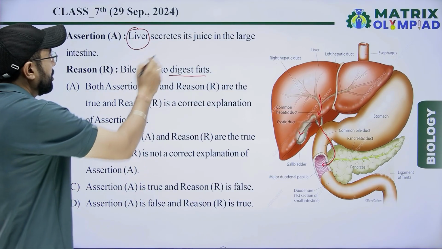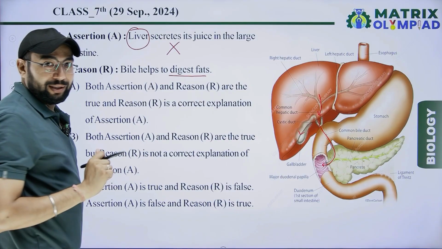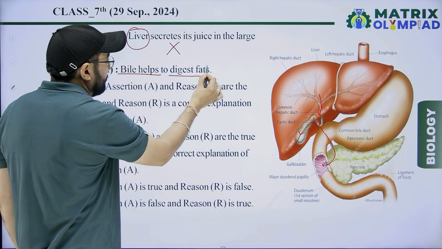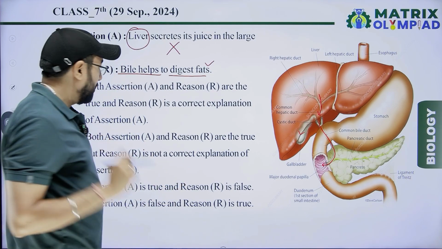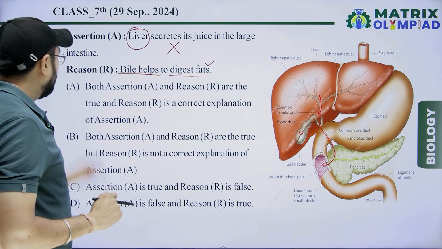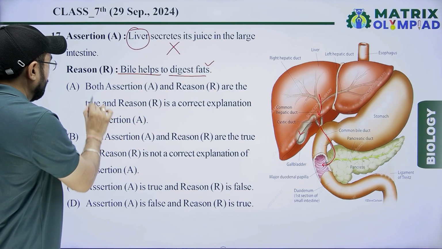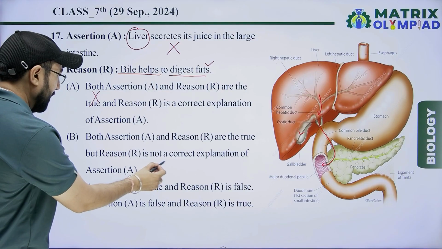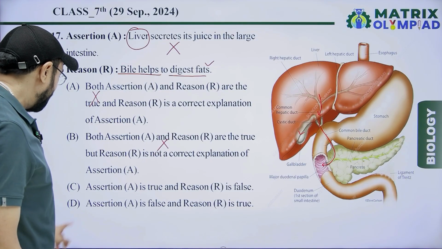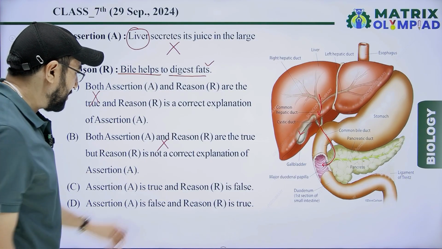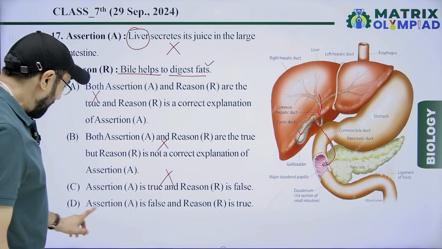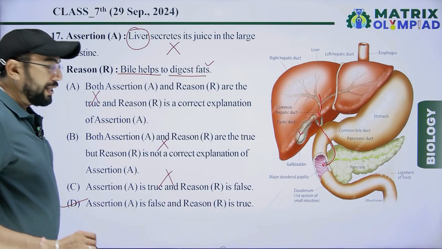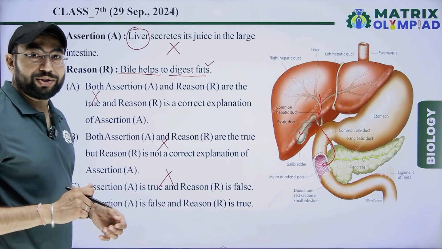So the assertion is wrong. Bile helps to digest fat, that is right. According to the options, both assertion A and reason are true, that is wrong. Both assertion and reason are true but not a correct explanation, that is wrong. Assertion A is true, R is false, that is wrong. Assertion A is false and reason R is true, that is right.